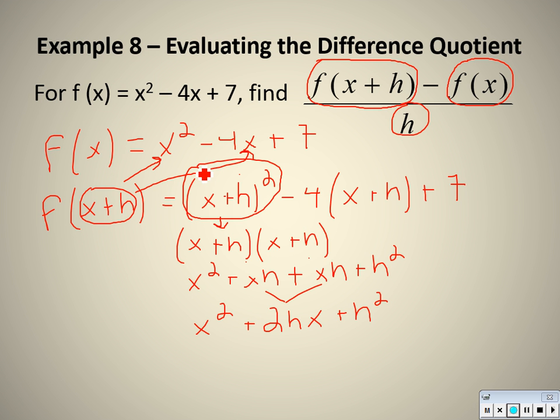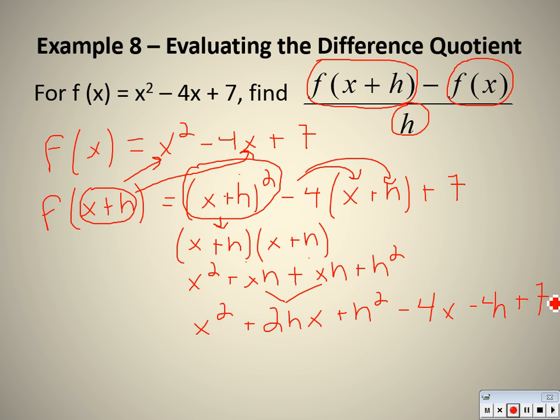Then let me take a look at this. I'm going to distribute this negative 4 to the parentheses, and I'm just going to put this right on the end here. So negative 4 times x would be negative 4x. And then negative 4 times h would be negative 4h. And then I have plus 7 at the end. So that's what you get when you just do f of x plus h.